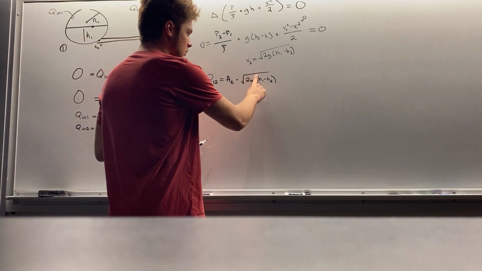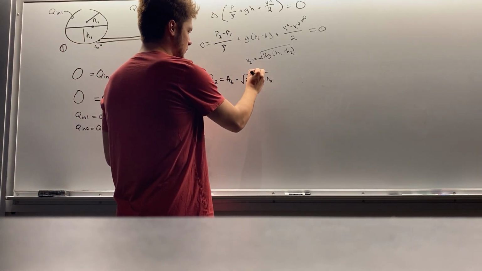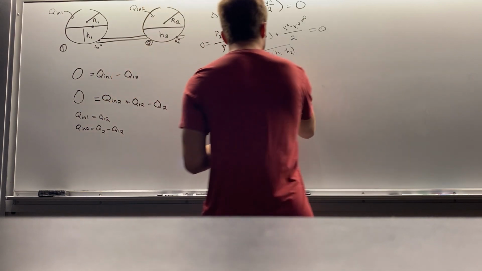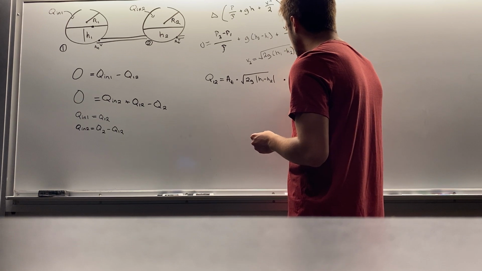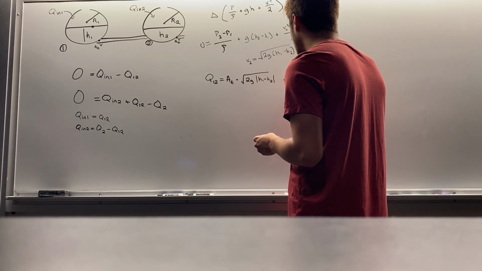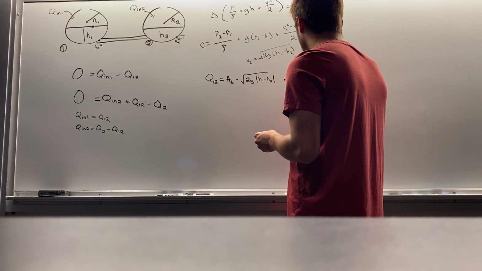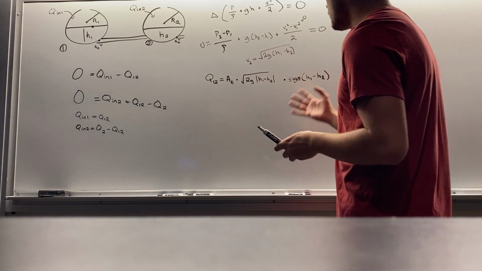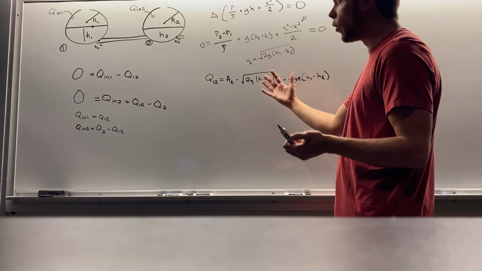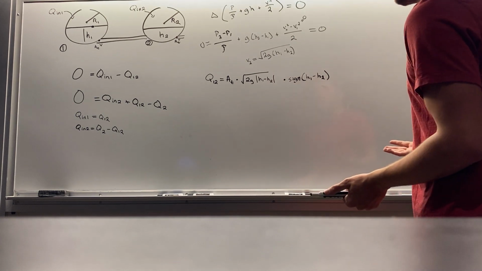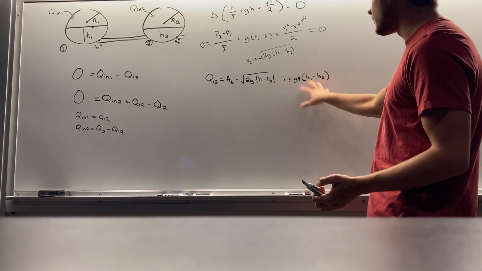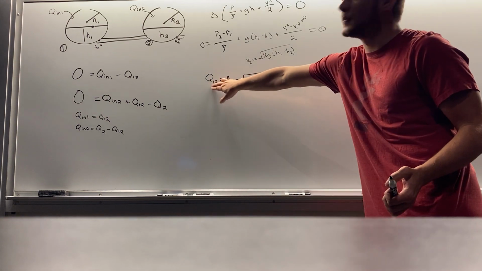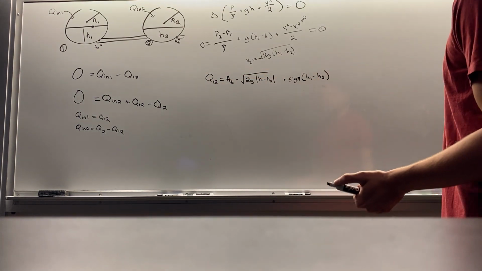So let's take the absolute value of this and multiply this by the sign that we get from subtracting them. So now we can always get a number under our radical, and if H2 is bigger than H1, then this becomes negative and this becomes negative, so our flow becomes negative.